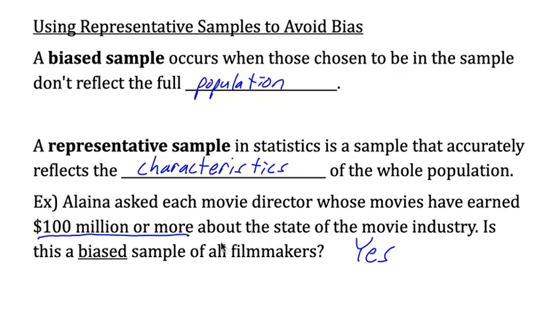And she was trying to make a conclusion about all filmmakers. So she missed out on representing the directors who made smaller movies that made less money. So yes, this is a description of a biased sample.